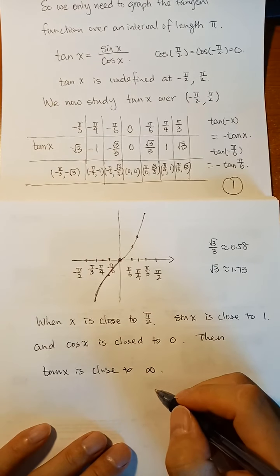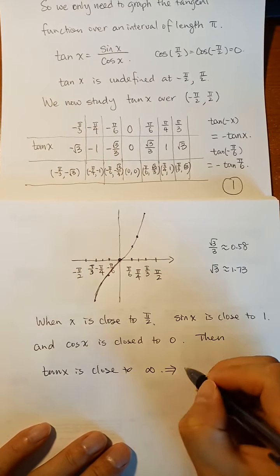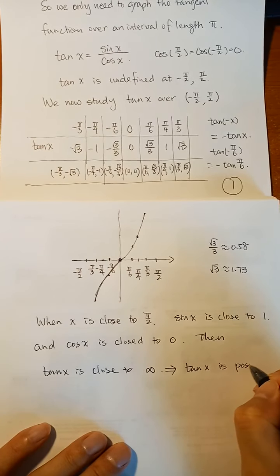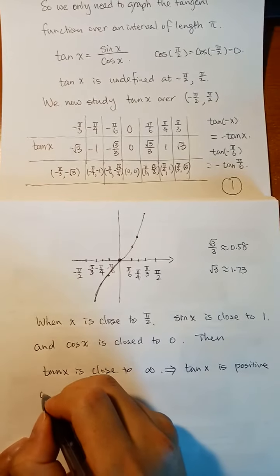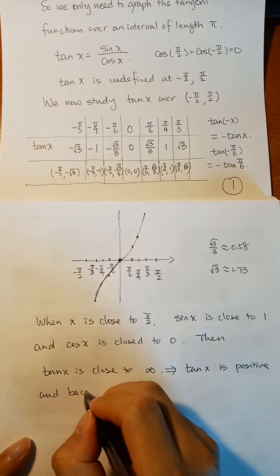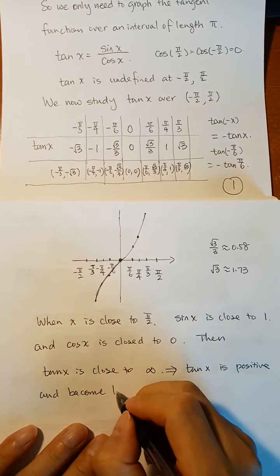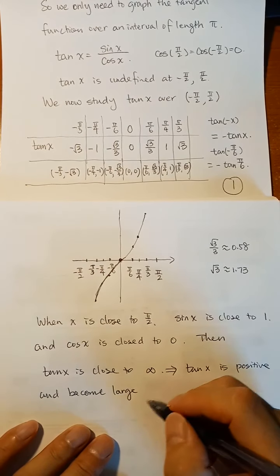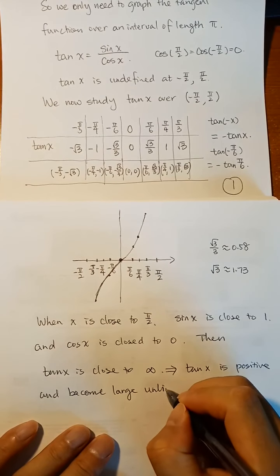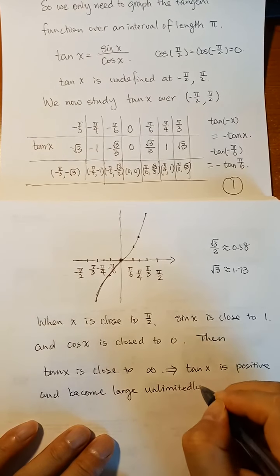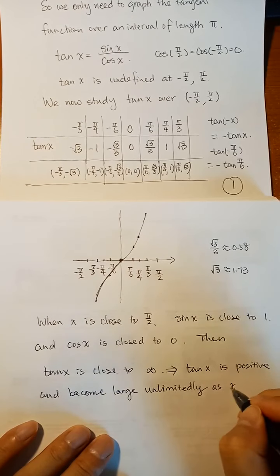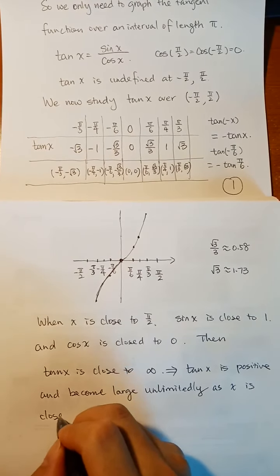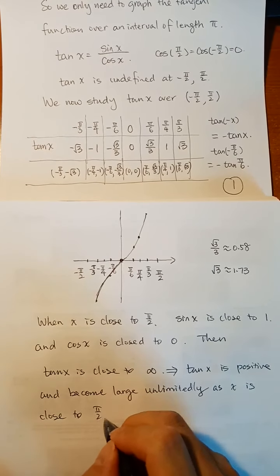When we say it is close to infinity, it means tangent of x is positive and becomes large unlimitedly as x is close to pi over 2.